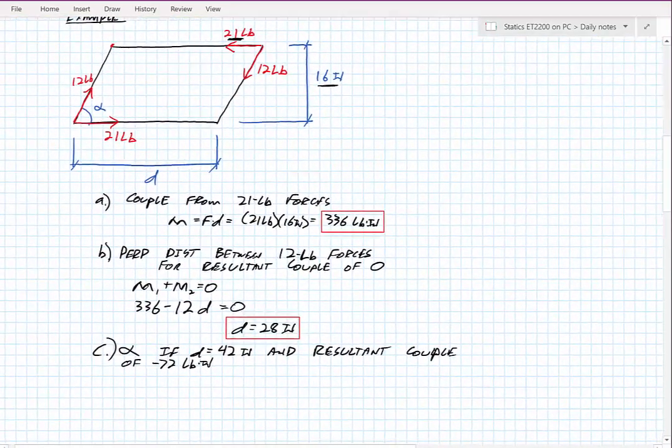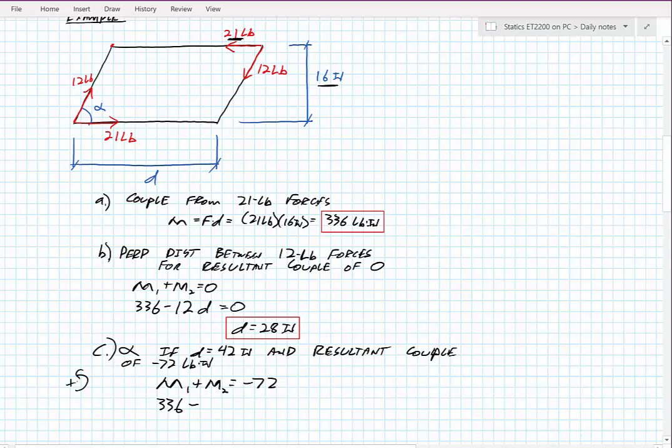Well, similar to what we just did up above, we can add these couples together, and I end up with M1 plus M2 must be equal to this negative 72. M1 is still this 21 times 16, or 336. This M2, which is going the other direction, we can still stick with our same sign convention where counterclockwise is positive in this case.